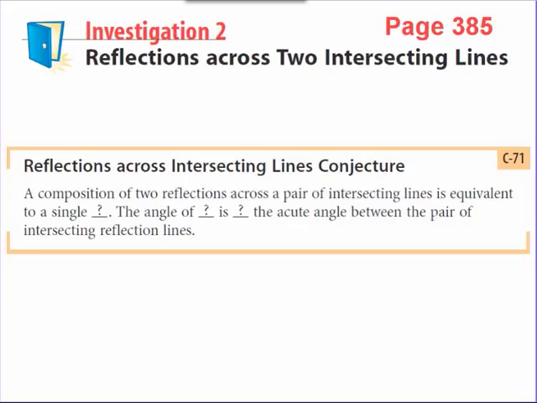So a composition of two reflections across a pair of intersecting lines is equivalent to a rotation. The angle of rotation is twice the acute angle between the pair of intersecting, reflecting lines. So you have your lines that intersect, whatever that angle is, your rotation will be double that. And that should make sense because you're reflecting it twice.